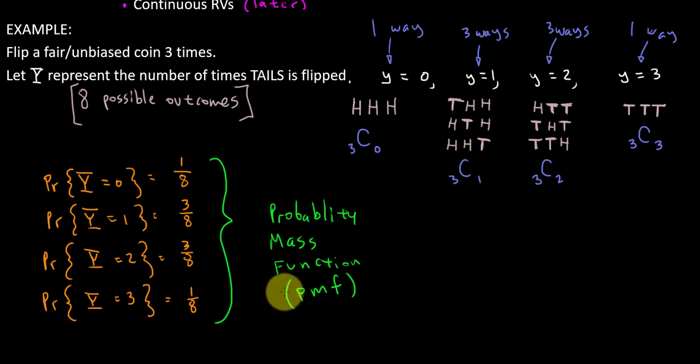And this applies to discrete variables, discrete random variables. We're counting number of tails, right? Discrete whole numbers. And here we've kind of got just a list of probabilities. We could even draw this in a type of graph.